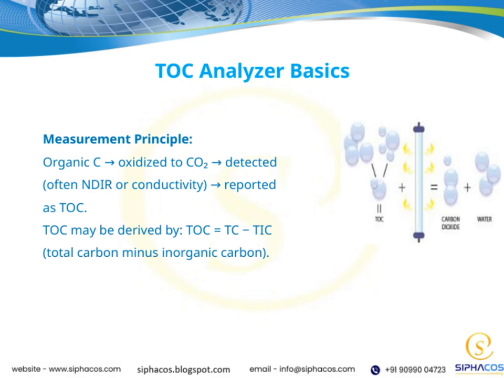Essentially, TOC equals the total carbon, TC, minus the inorganic carbon, TIC. So, by measuring TC and TIC separately, we can determine the organic portion. This process is fundamental because it provides a clear picture of organic contamination or organic content in water samples, which ties directly into our overall theme of ensuring water quality and process efficiency.